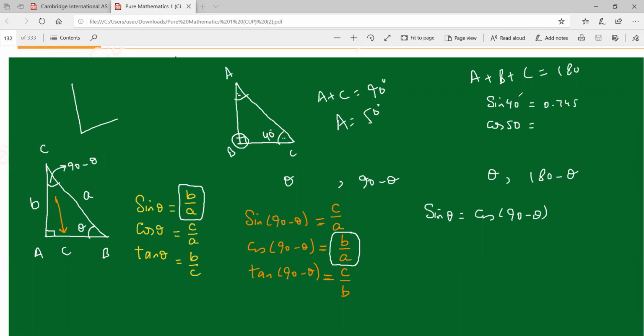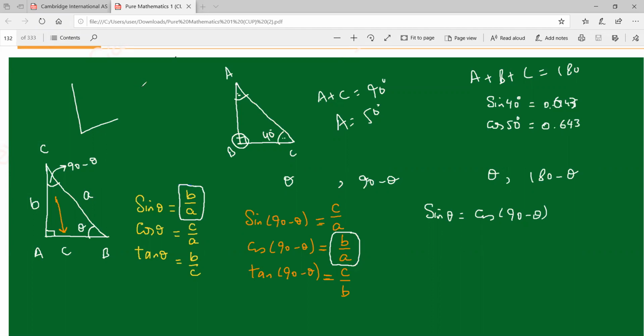You must be in degrees. Okay, 0.64. Sine 40 is 0.642. And this should also be 0.643. 0.642, okay. And this is also going to be 0.643.